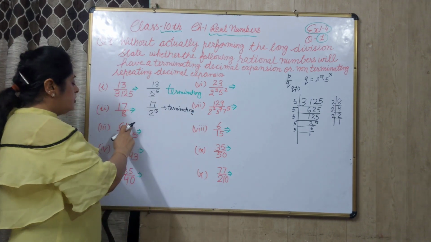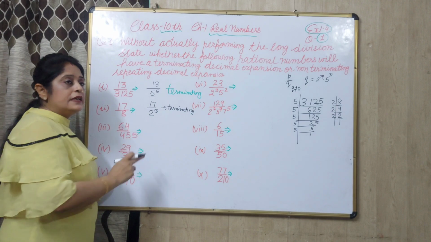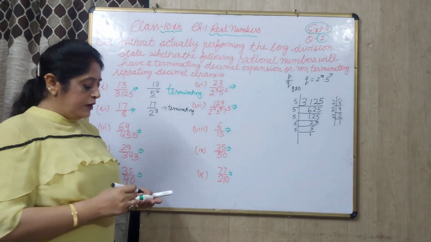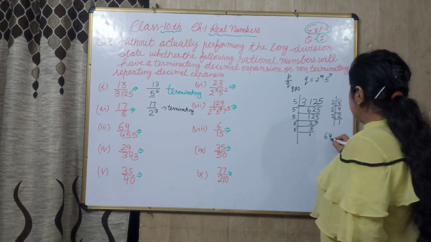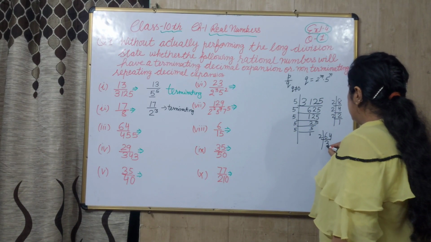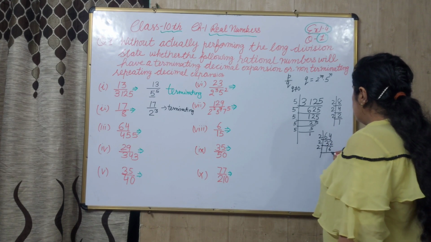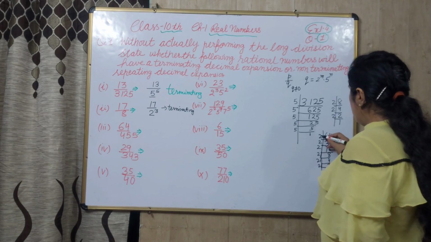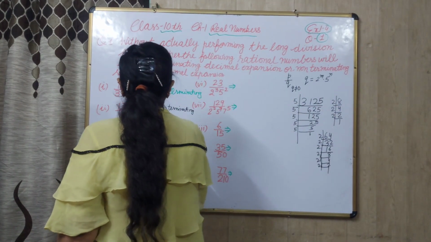Now we check for 64 upon 455. Make the factors of 64 and also of 455. First 64, 32, 16, then 8, then 4, and then 2, so we can write 2 power 6.